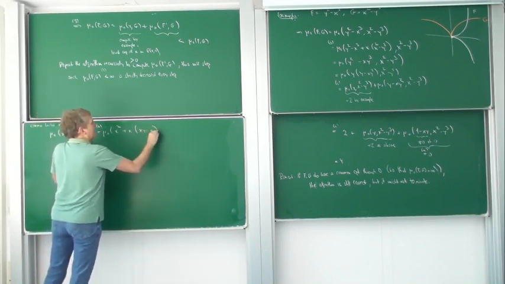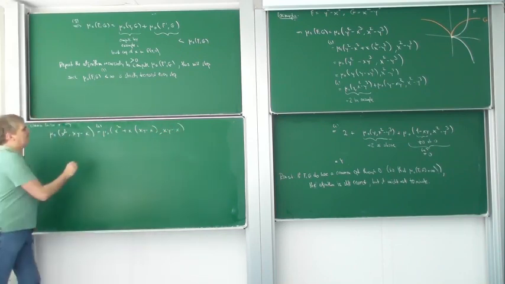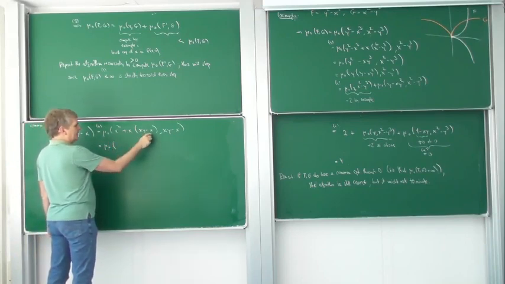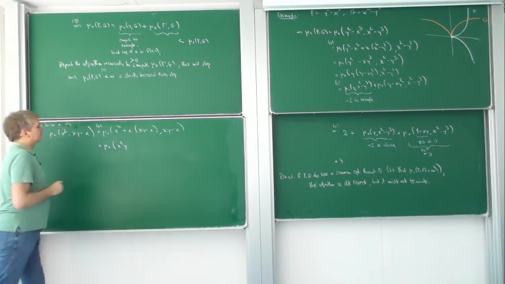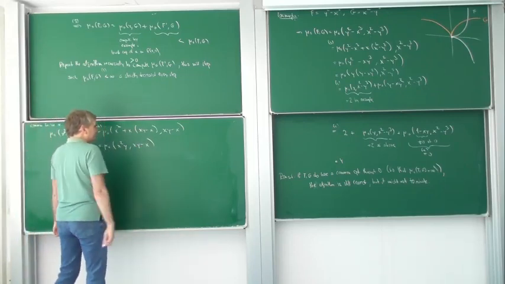And xy minus x; the polynomial remains xy minus x. So what we obtain here is x squared minus x squared. So we just have x squared y, nothing else, and xy minus x.